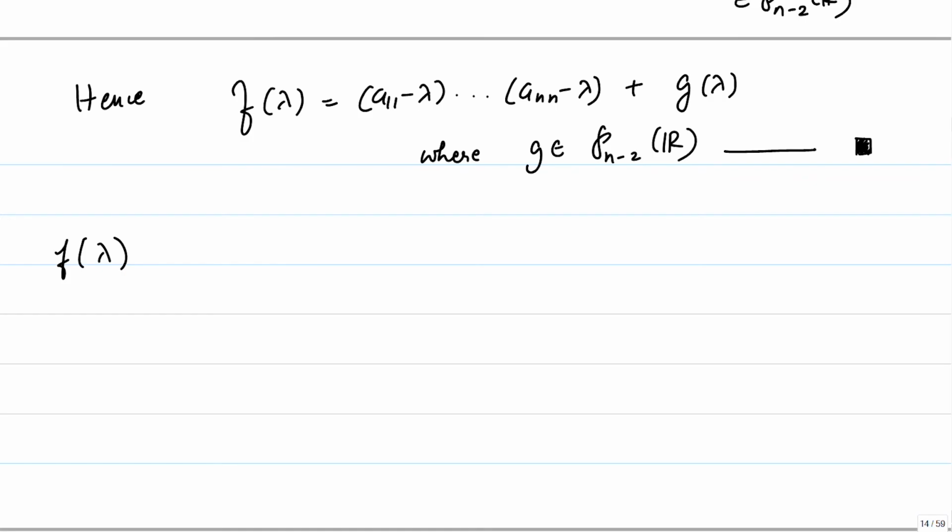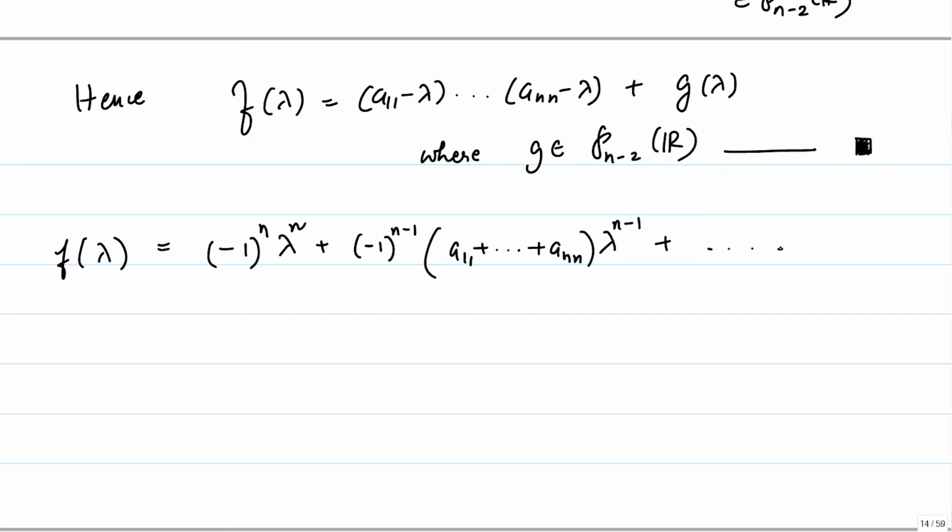If you expand out (a11 minus lambda) up to (ann minus lambda), this is just going to be equal to minus 1 to the power n times lambda to the power n plus minus 1 to the power n minus 1 times (a11 plus up to ann) times lambda to the power n minus 1 plus a degree n minus 2 polynomial. And what is a11 plus a22 up to ann?